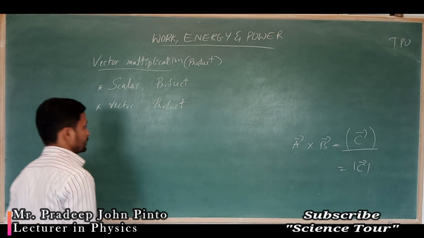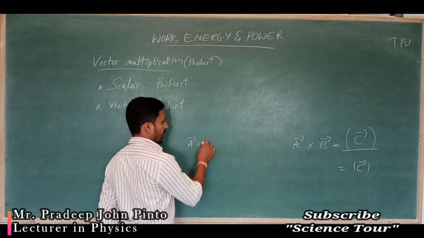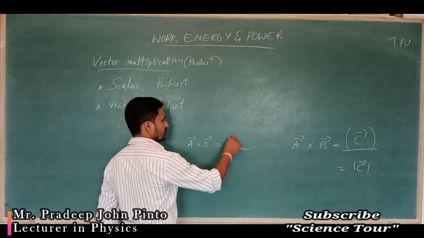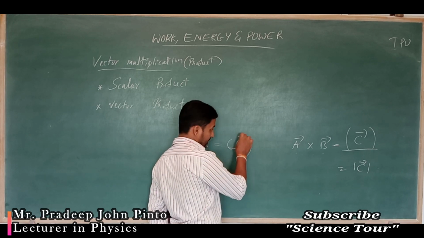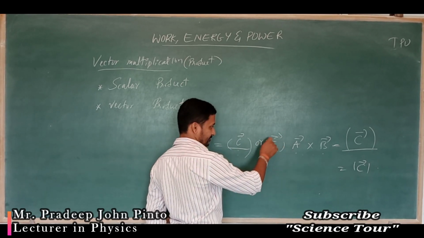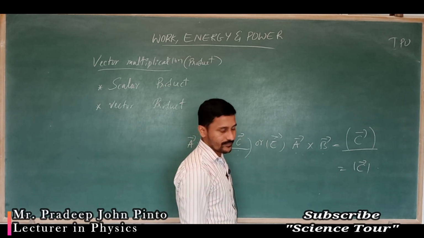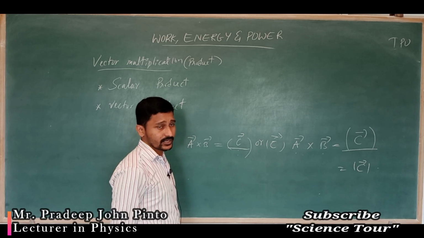How will we know, if you multiply two vectors and get a new quantity, whether it is a vector or a scalar? That is the question. How are we going to divide it into scalar product and vector product?